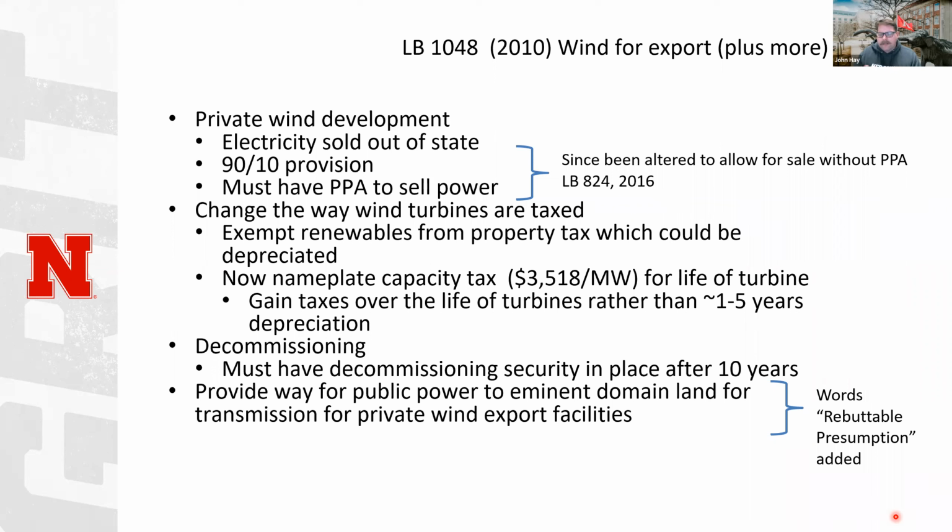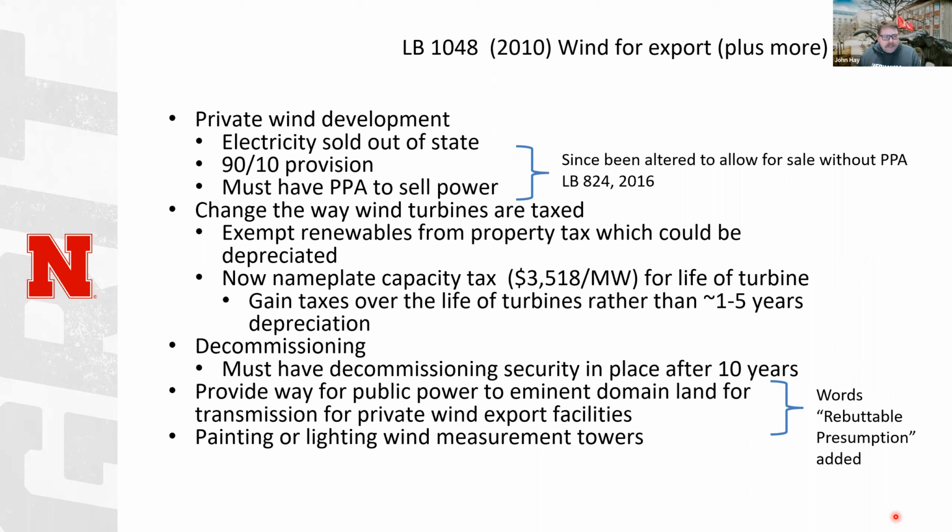Wind turbines, because of their economic development, I'm paraphrasing, are for the public good, and so they can have this eminent domain for transmission. And they said that it is a rebuttable presumption that it's for the public good, which allows a landowner who wants to challenge this to say, I challenge that it is for the public good, and then have at least some ability to challenge that. So that's an interesting chain of events of how that happened.